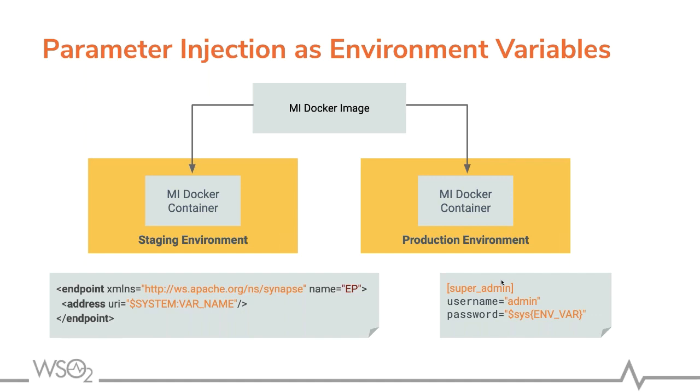But in the base Docker image, you would see what you see on your left: an endpoint configuration containing the address URI as a $system variable name. The value of the variable will vary from environment to environment, but the Docker image itself will be immutable and the same in each environment. Also on the right side, you can see a situation where we have changed the configuration in that way.